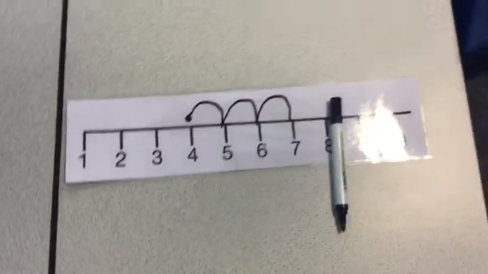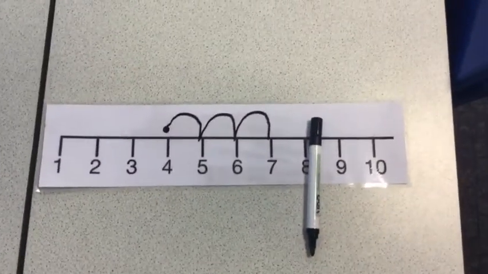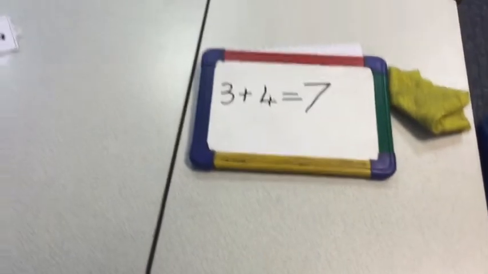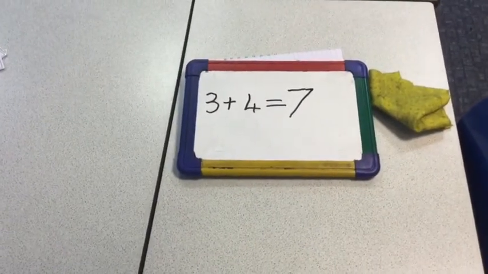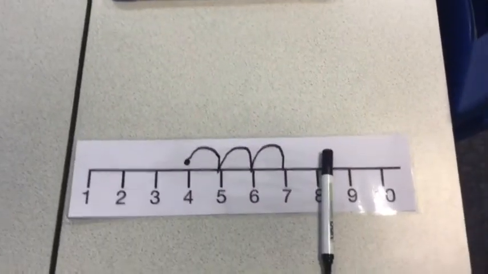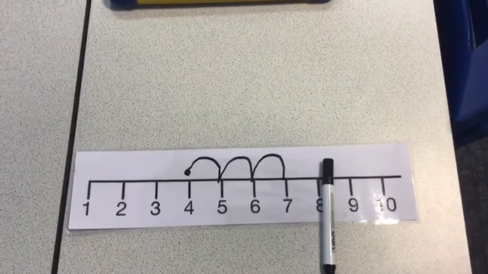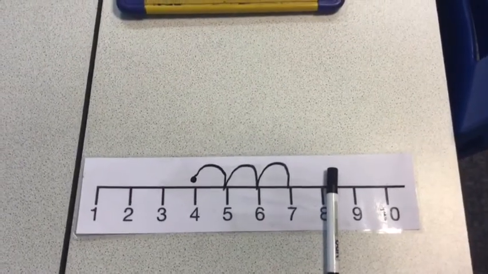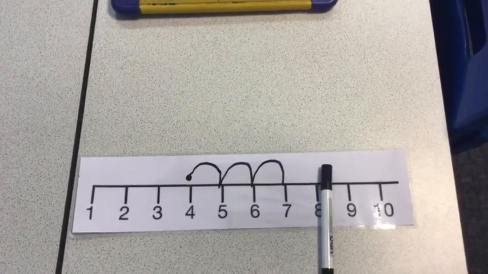You can see that I've landed on the number 7. 3 and 4 is the same as 7. And you can see my 3 jumps clearly because you can see 1, 2, 3 bumps.